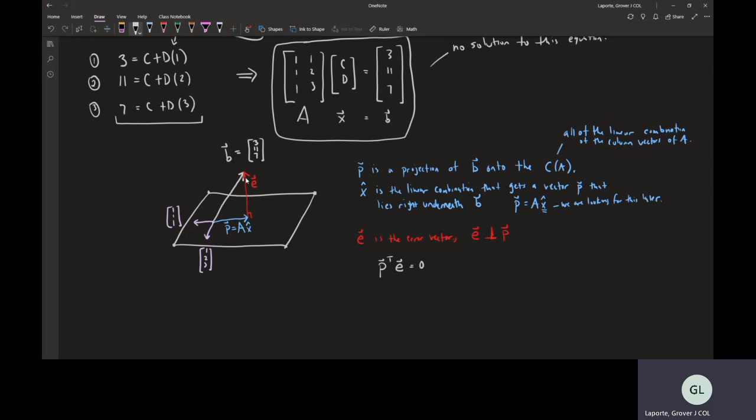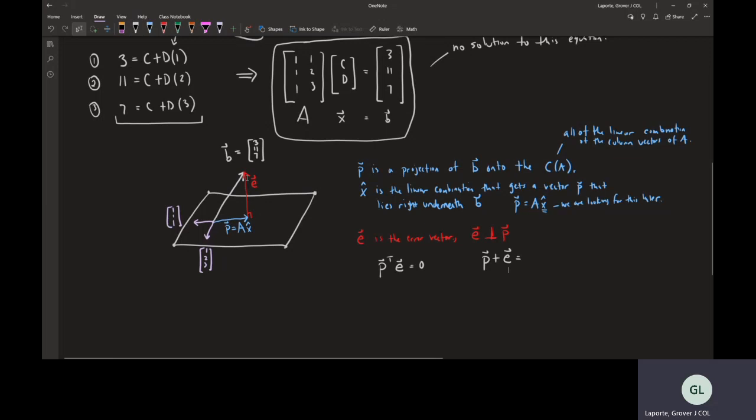So let's figure out how we can write E. What's another way of writing E? Let's remember what P plus E is. Go back to when you add tip to tail. I have this P vector here and I have this E vector here.